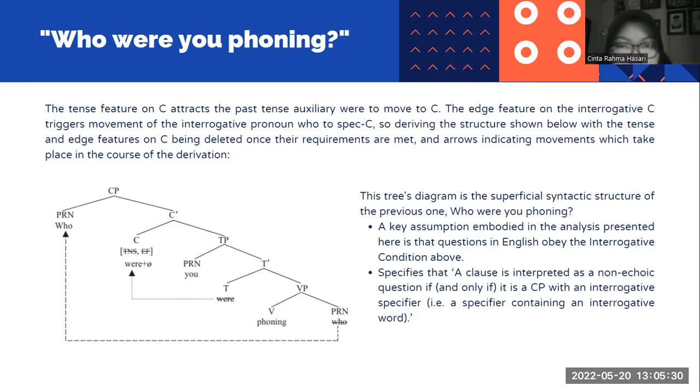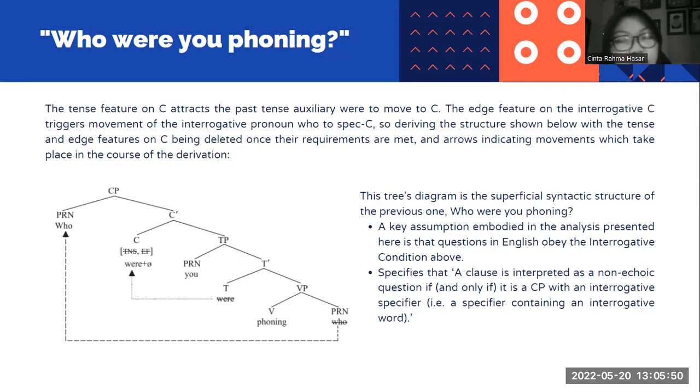And the arrows indicate movements which take place in the course of the derivation, like in this picture. So this tree diagram is the superficial syntactic structure of the previous one. Who were you phoning?